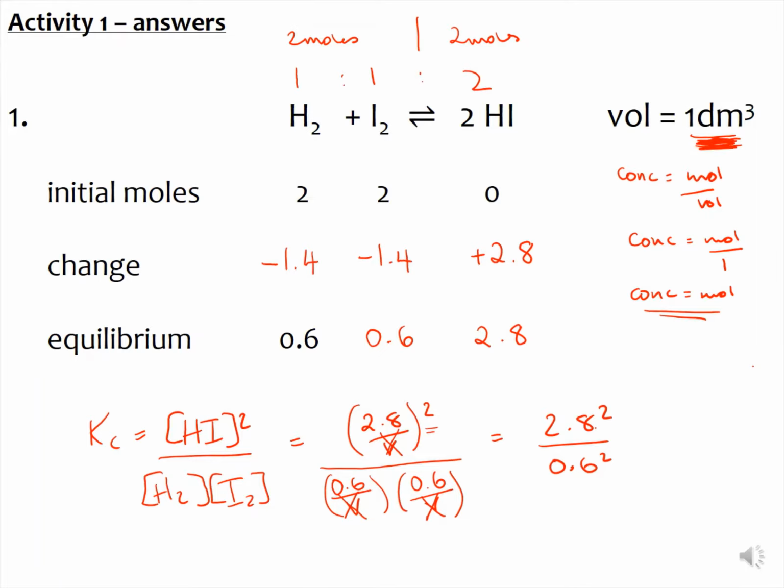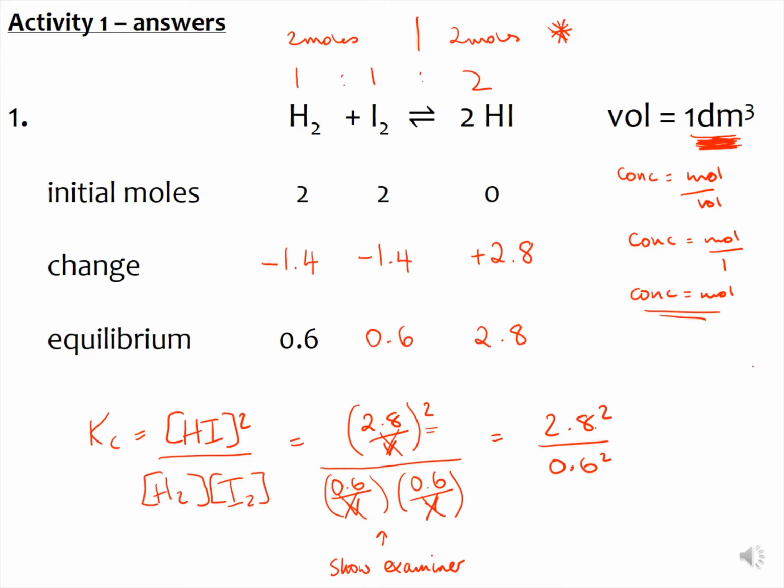But as I've said previously, if the stoichiometry is equal, then we can go down the route of cancelling out the V's. The examiners do need to see this though, so make sure that you show the examiner that you know that the volumes can cancel.